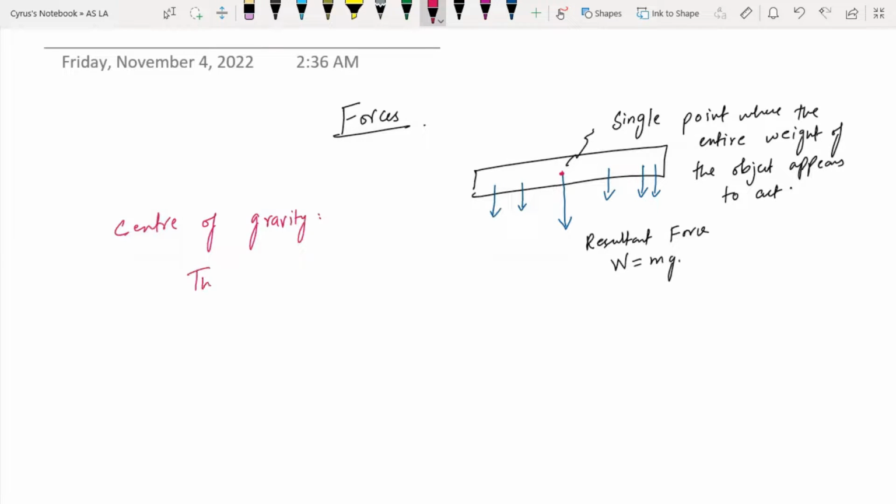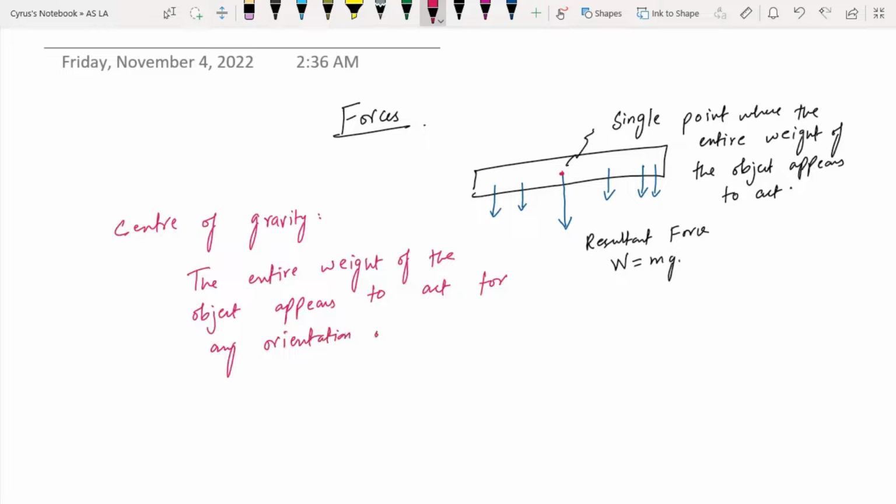And you should know that the entire weight of the object appears to act for any orientation of the object at this point known as the center of gravity, right?